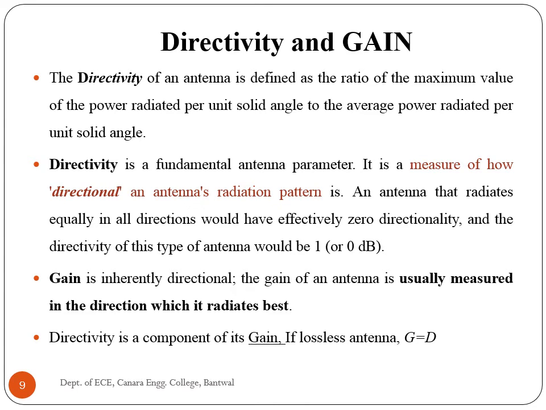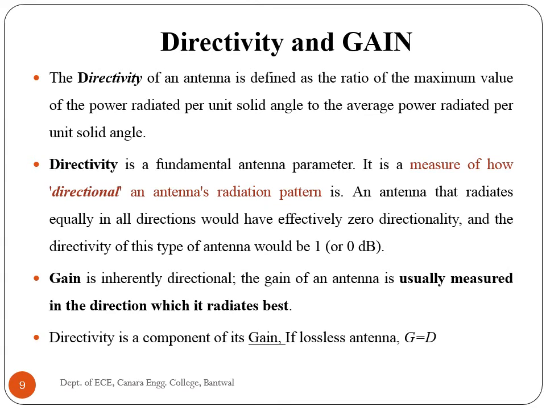An antenna that radiates equally in all directions would have effectively zero directionality, and the directivity of this type of antenna would be 1. Gain is inherently directional. The gain of an antenna is usually measured in the direction in which it radiates best. Directivity is a component of its gain. If lossless antenna, gain is equal to directivity.